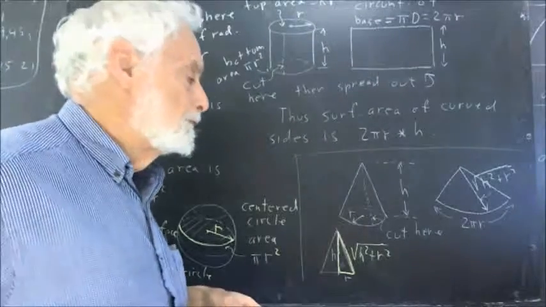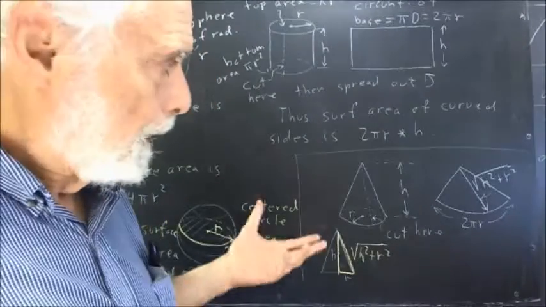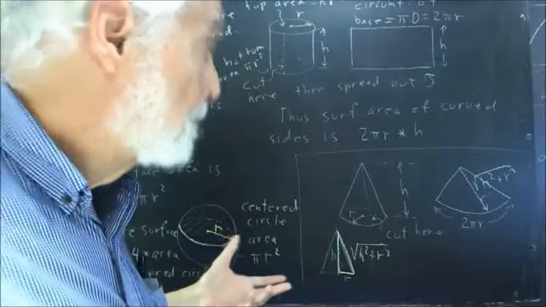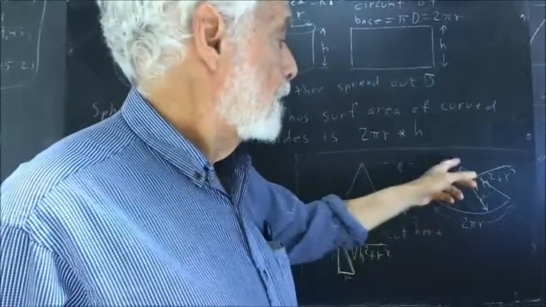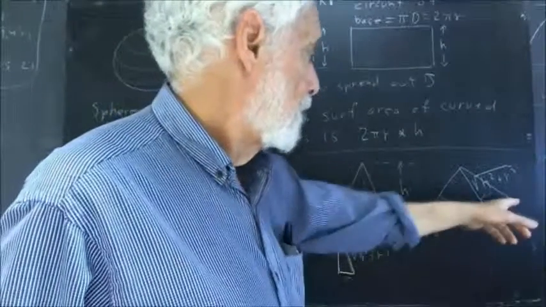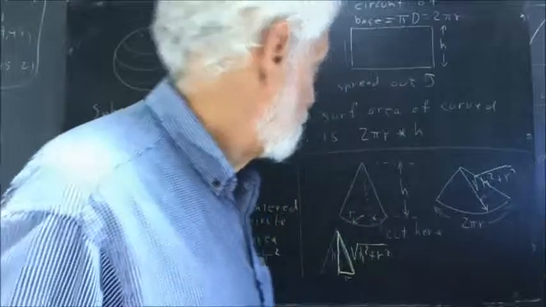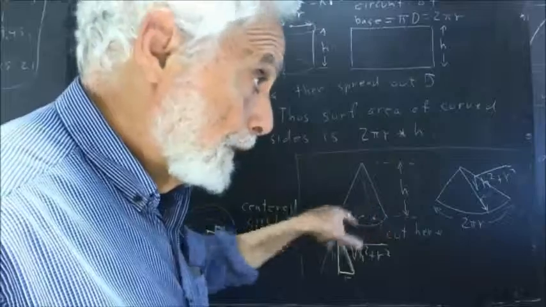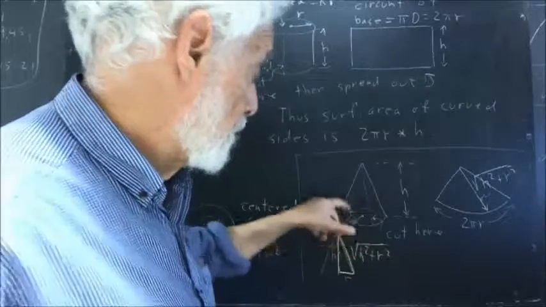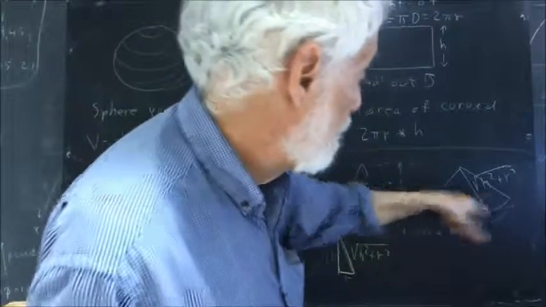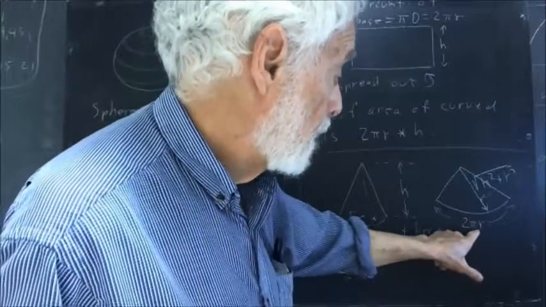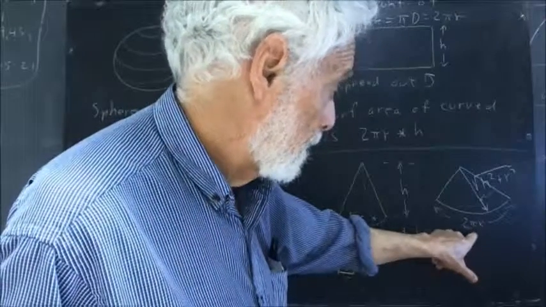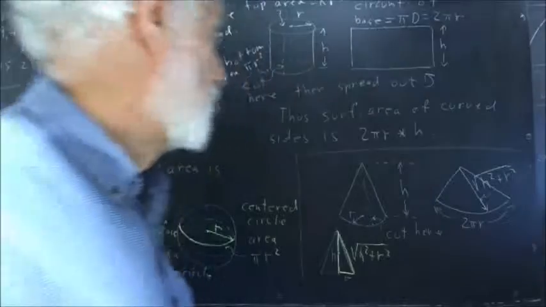Being part of a circle, it's not going to be too hard to find its area if we can figure out its radius and if we know how much arc we have. Well, the distance along the arc here is equal to the circumference of the base, because the whole circumference of the base is what unwraps to give you this arc, and the arc has arc length 2 pi r.